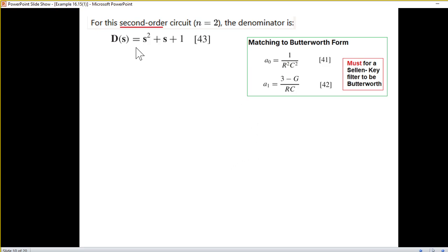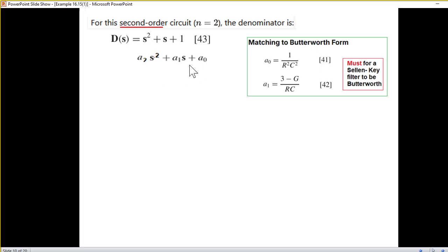And we have known that for the second order filter, this is the denominator, and we had also derived that for the Sallen-Key to be a Butterworth implementation, this is the relation. And for ease, we write it A2 s square, then A1.